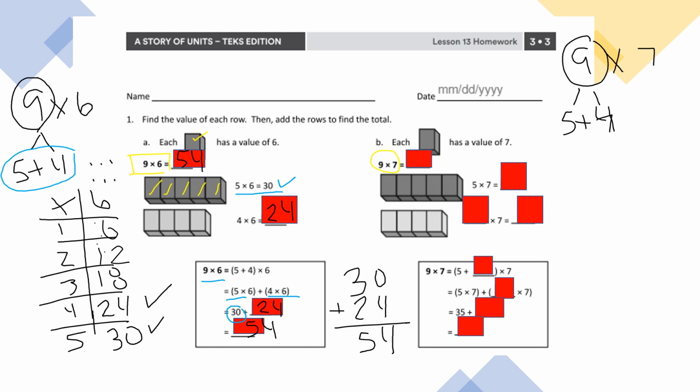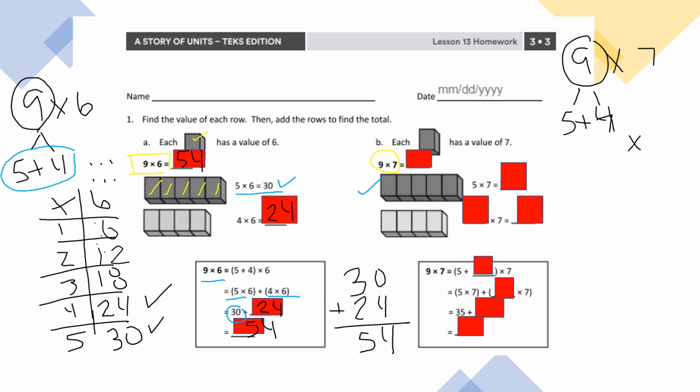So let's look at the dark gray unit cubes first. Now we already said that 5 times 7 represents the dark gray unit cubes. And since we know we're multiplying times 7, we can go ahead and create a 7 ratio table.